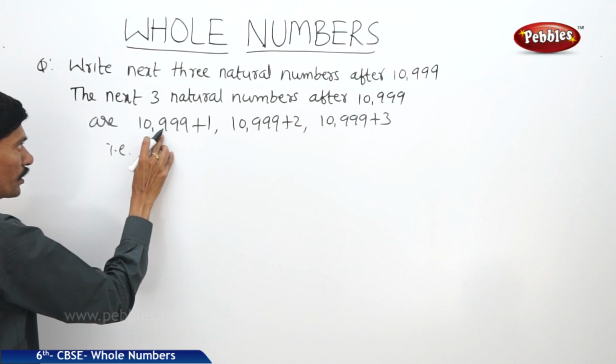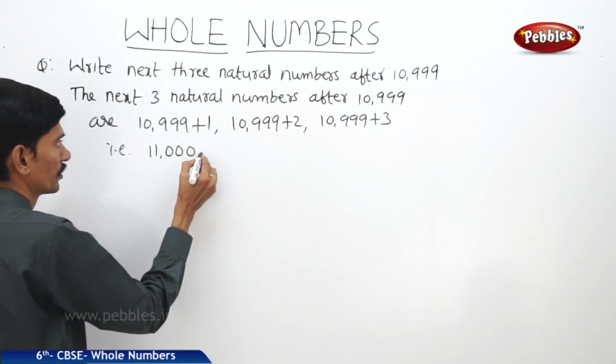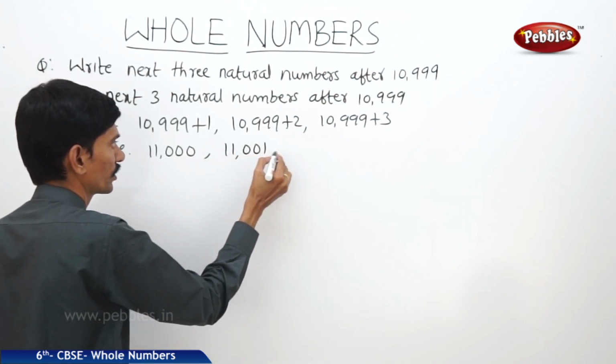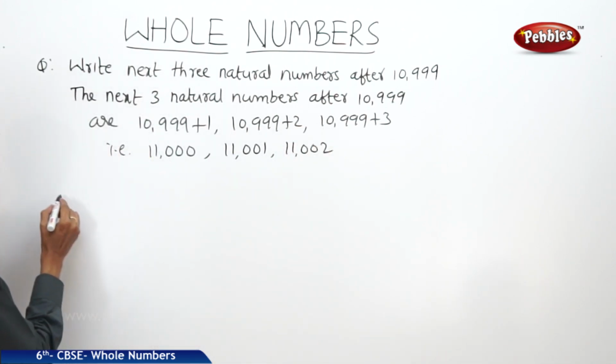So 10,999 plus 1 means that is 11,000, comma, 11,001, comma, 11,002.